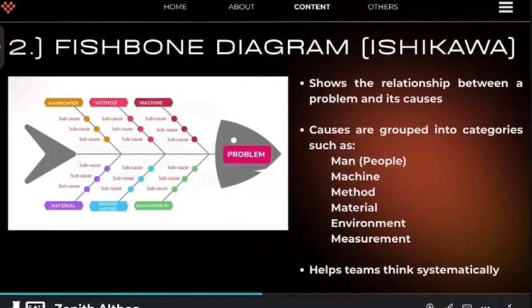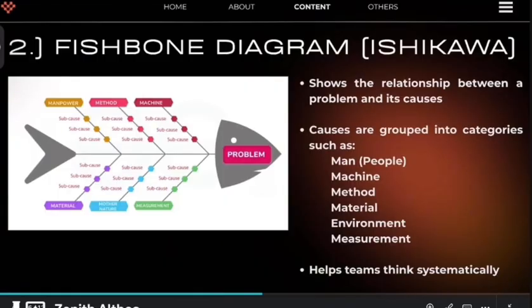Another common tool is the fishbone diagram, also known as the cause and effect diagram or the Ishikawa diagram. For example, let's say a factory produces a high number of defective products. Instead of guessing just one cause, the fishbone diagram helps us list all the possible causes under categories. Under man or people, the problem is that workers may not be properly trained.